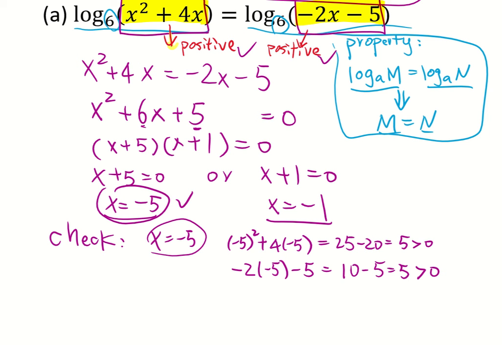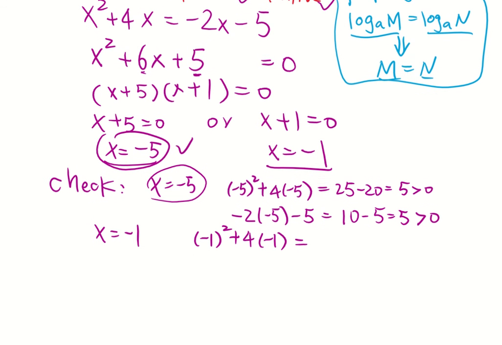Now we will check for x equals negative 1 to see if that is a solution. So check the first argument. Negative 1, plug in x squared plus 4 times x. So you have 1 minus 4. Uh-oh, this is negative.